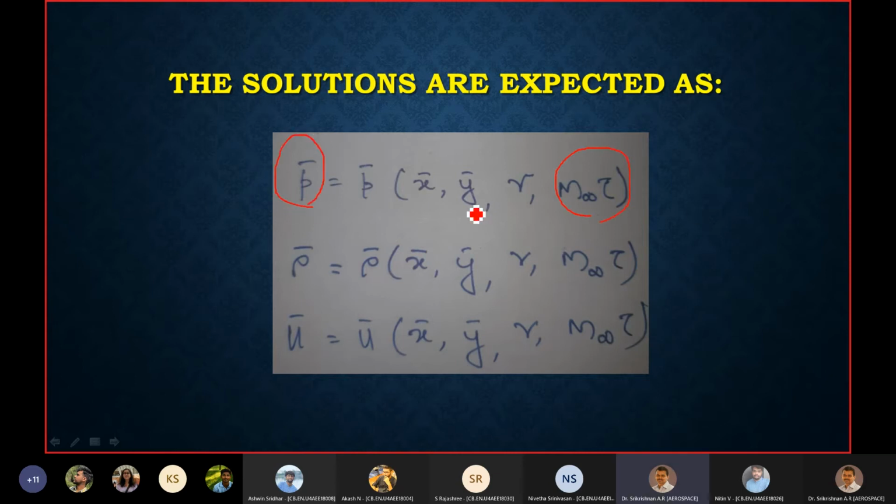I will repeat this. I request you to just stare at this equation and see whether what I say makes sense to you. If not, I can try to explain it further.